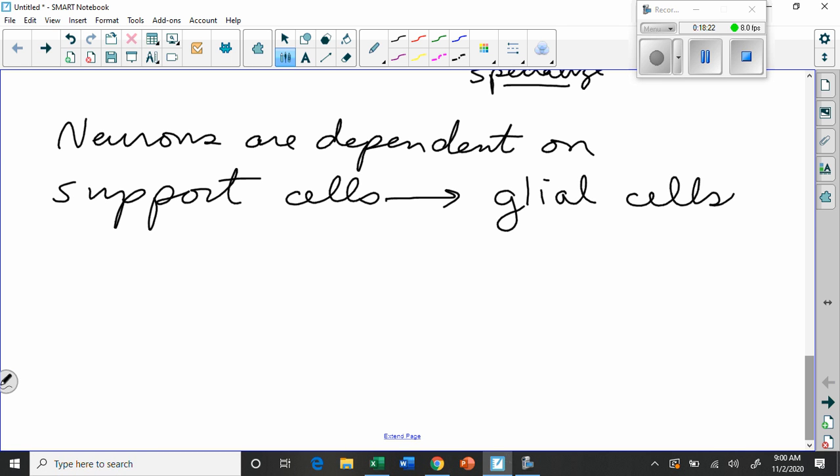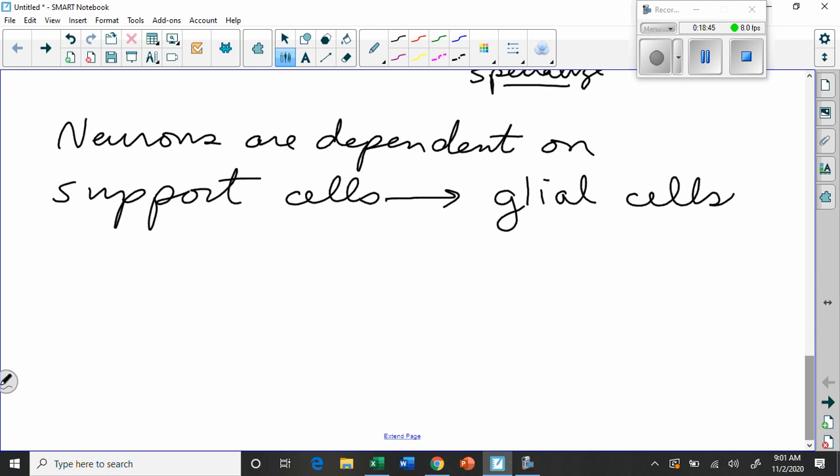So the glia, or the glial tissue, is nerve tissue still, but they're not signal-sending cells. They are supporting cells that perform the jobs that the signal-sending neurons can't do. Now, there are many types of glial cells, and we're not going to get into all the different types.